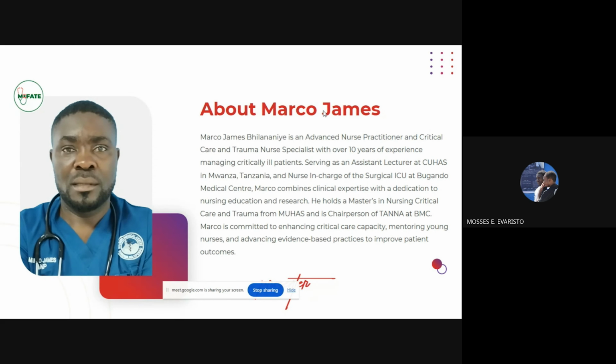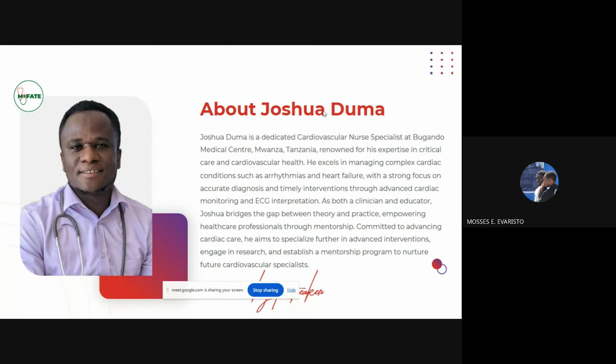He holds a master's in nursing critical care and trauma from MUHAS, and is a chairperson of TANA, the Tanzania National Nurses Association, at the BMC. Malcolm is committed to enhancing critical care capacity, mentoring young nurses and advancing evidence-based practice to improve patient outcomes, as he has been traveling to different ICUs in Tanzania to keep mentoring nurses from various areas.